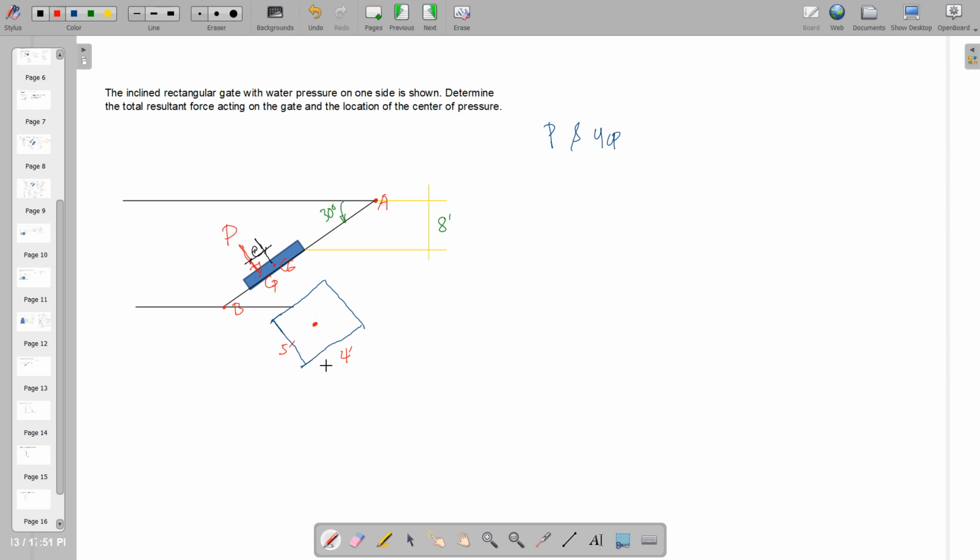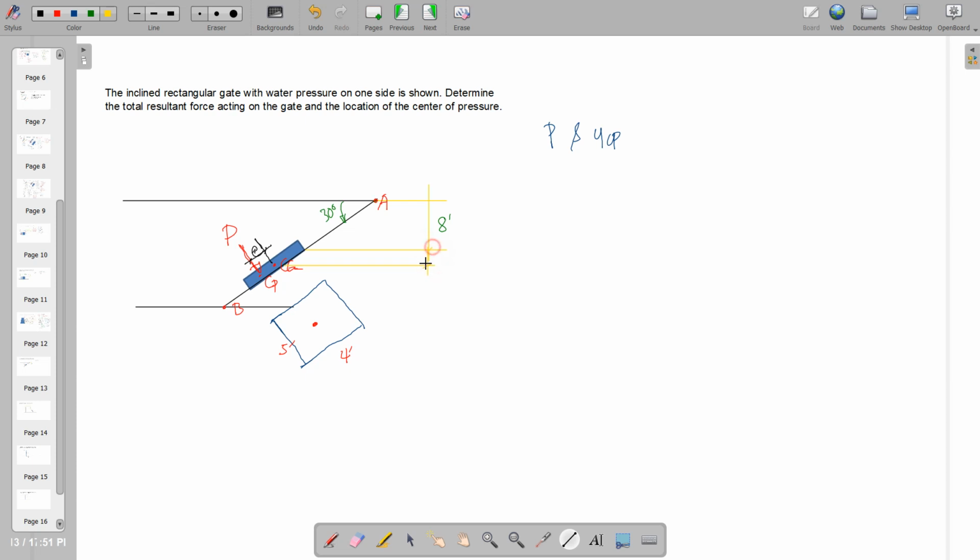So if this dimension is 4, H bar can be computed from the center of gravity up to the liquid surface.